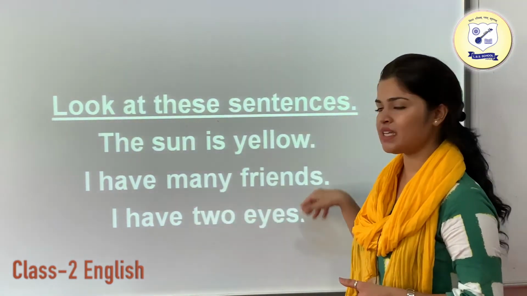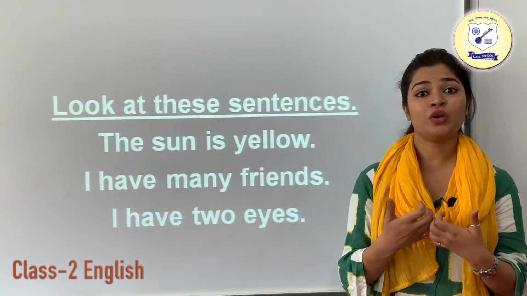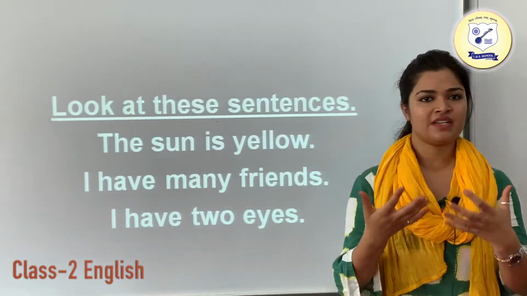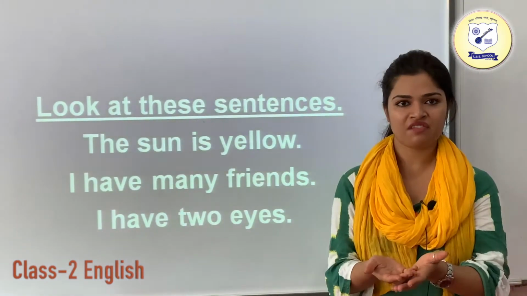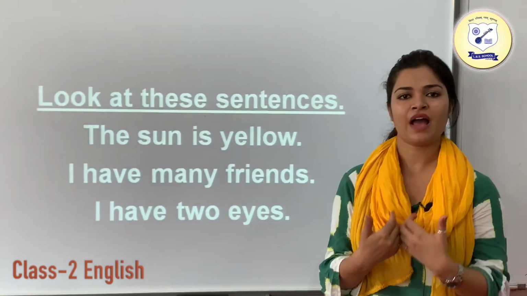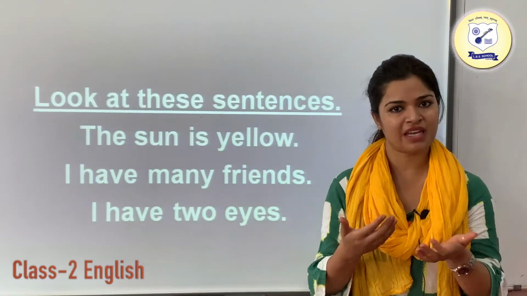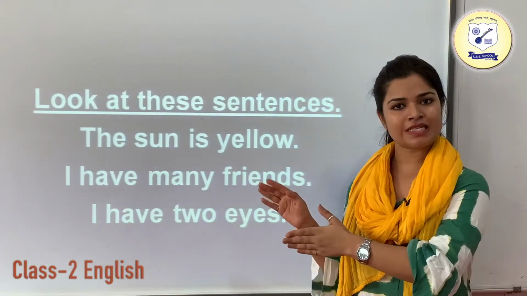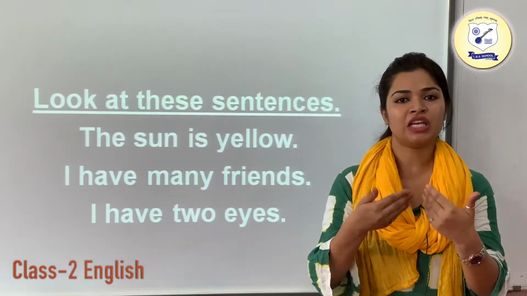So these are a few sentences in front of us which are actually telling you something, that the color of the sun is yellow. I have many friends, like I am having many friends, more than one friend. So I am actually talking about myself and saying that I have many friends. I have two eyes. So this is about the sentences which are telling you something.